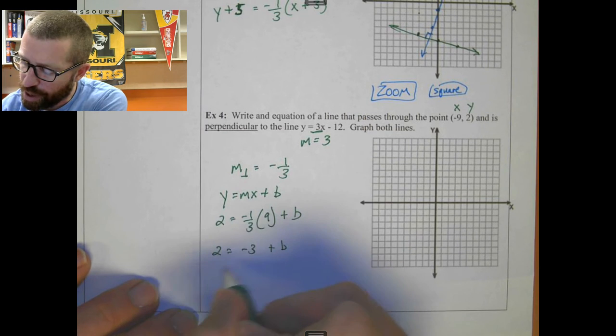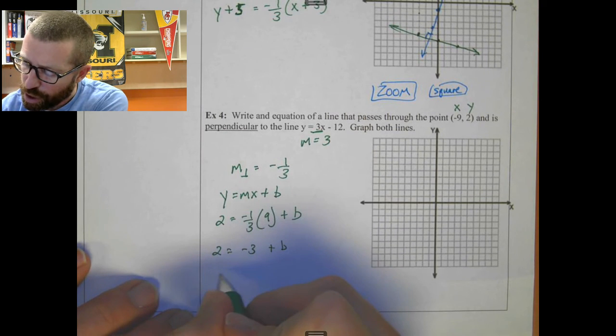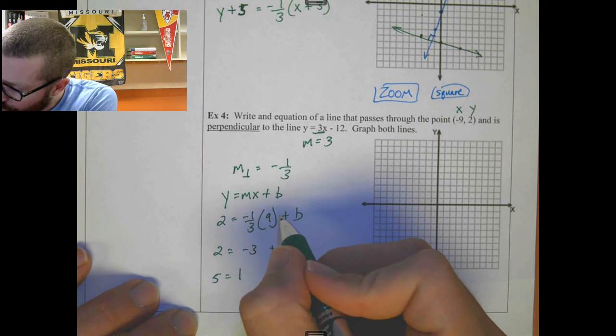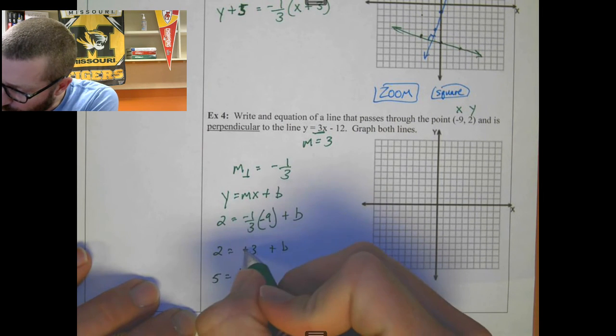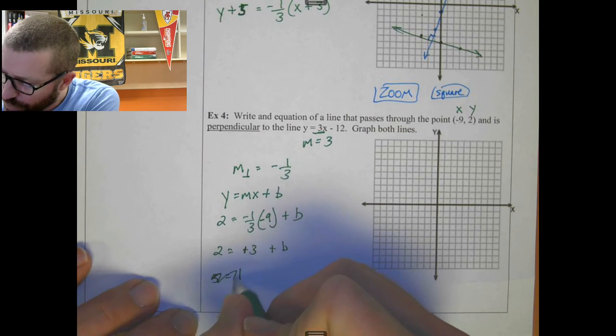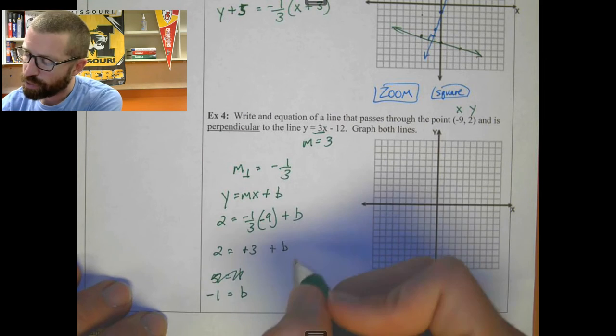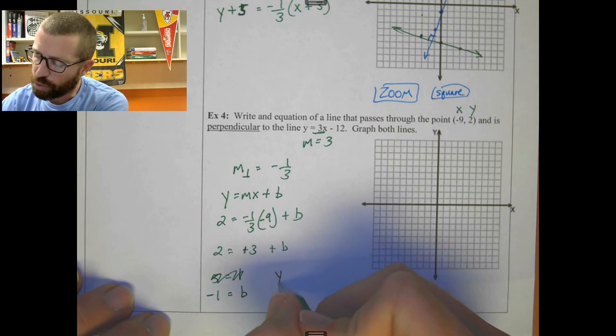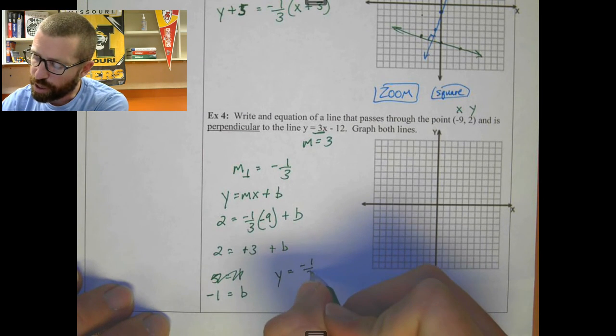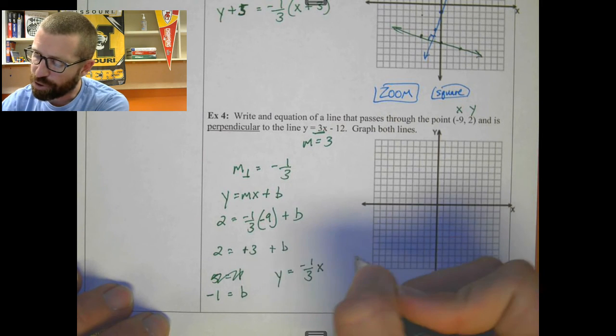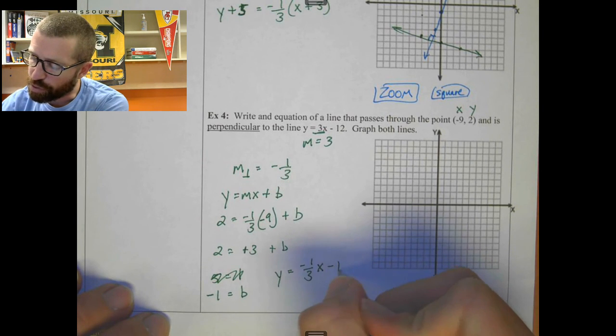And so when I multiply and then add 3, we get 5 is equal to -9 here. So this would be +9. So subtract 3, and you get -1 is equal to b. So then your equation, y is y, m is -1/3, x is x, and b is -1.